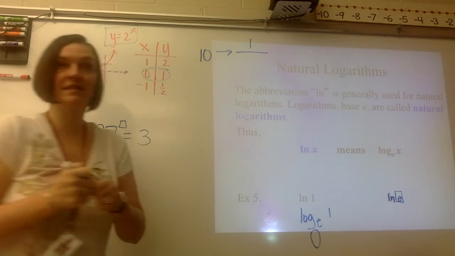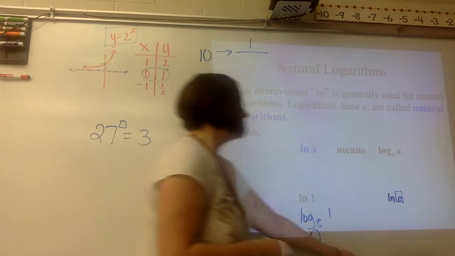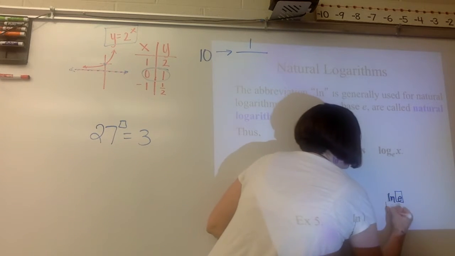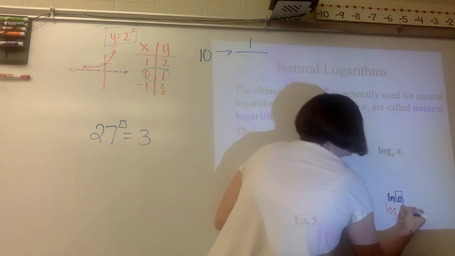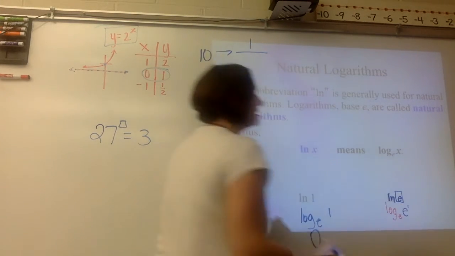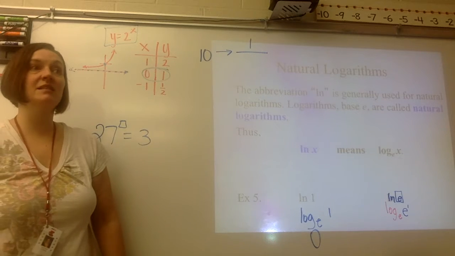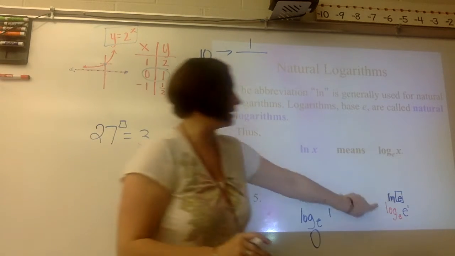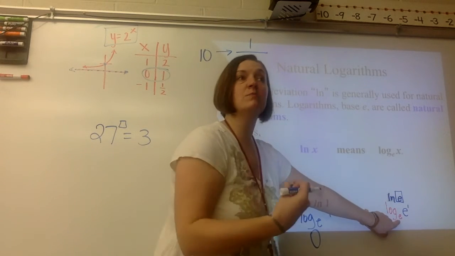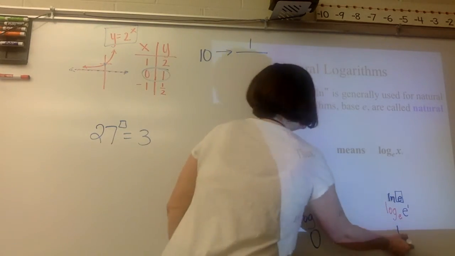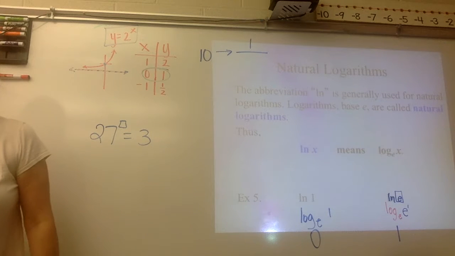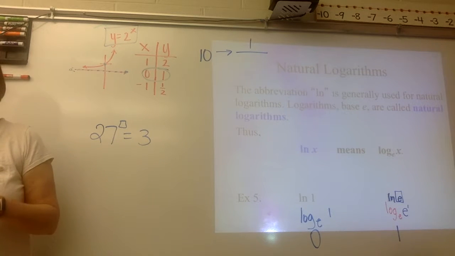What is my base? e. So technically, this is going to be log base e. That's what you should be thinking, and I can even make that e to the first power, because now it makes sense when I think it out. What is the exponent of e that gives me back e to the first power? 1. Got it?